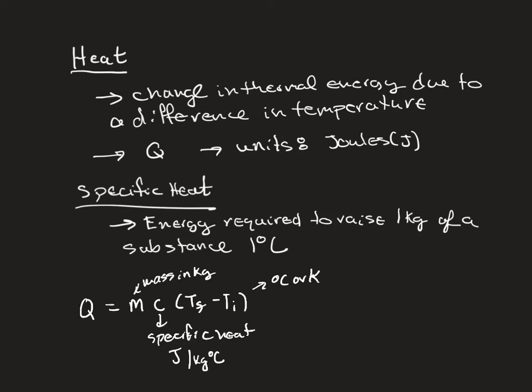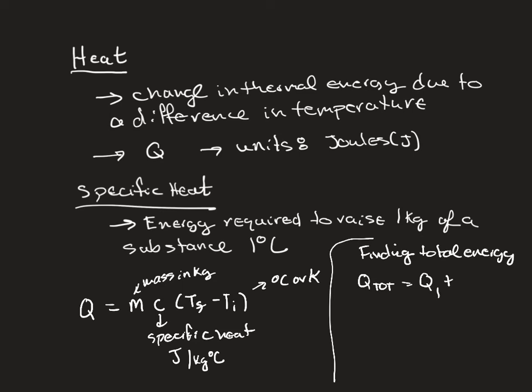And we can then use this to find the total energy change for a system. Where you would take the change in thermal energy for one object in the system plus the change in thermal energy for another object in the system, and if there's a third object, you'd add another change in thermal energy.